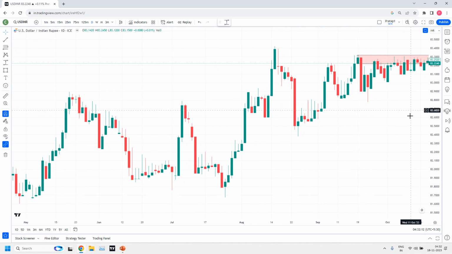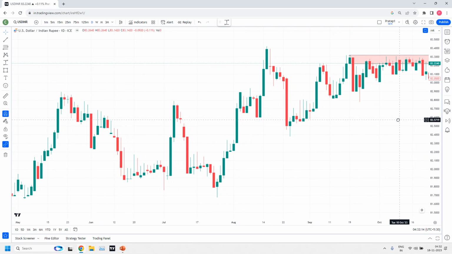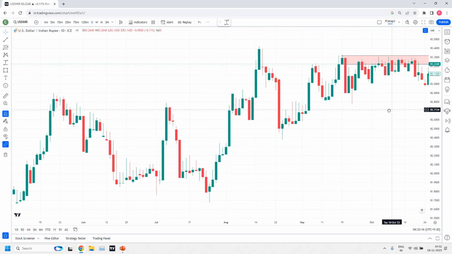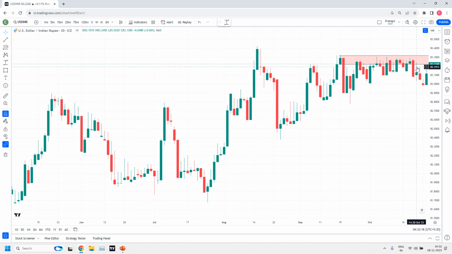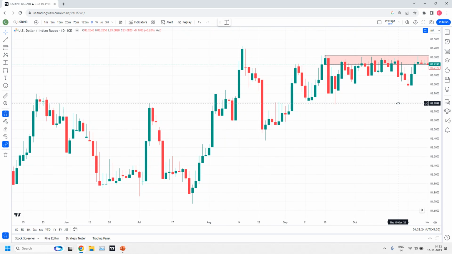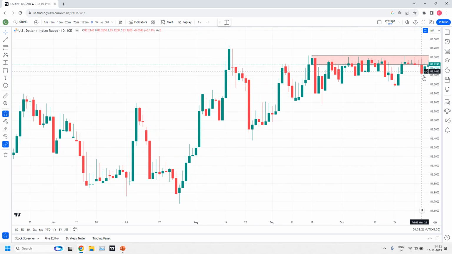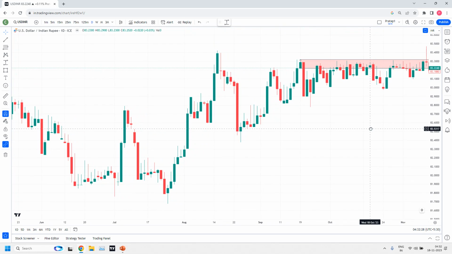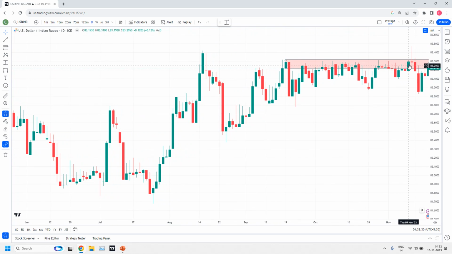Again came down and went fifth time. Again came down and went again, sixth time. Again went up. This is the seventh time. And again came down. And this is the eighth time. Now this zone is violated.